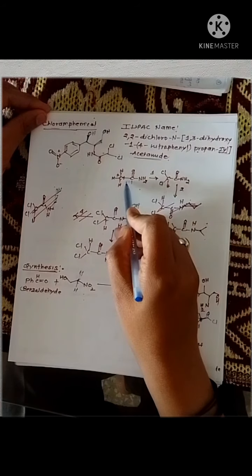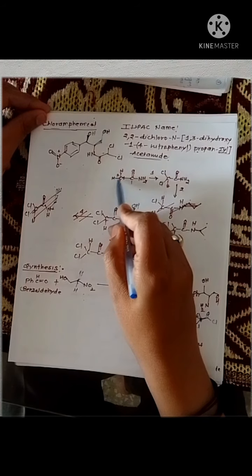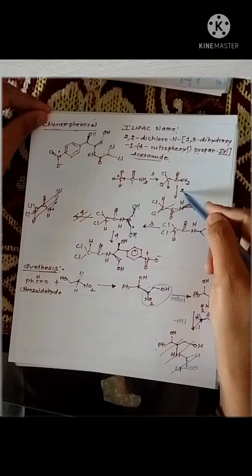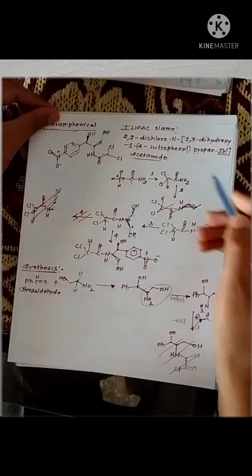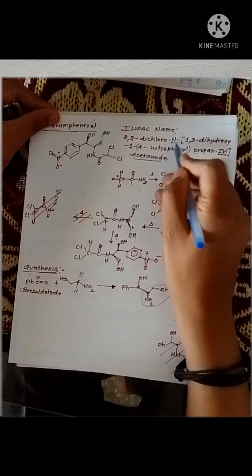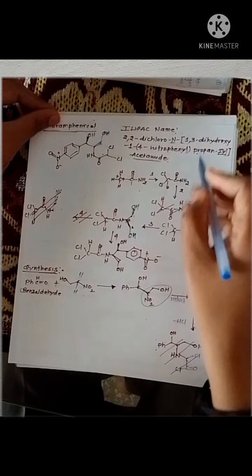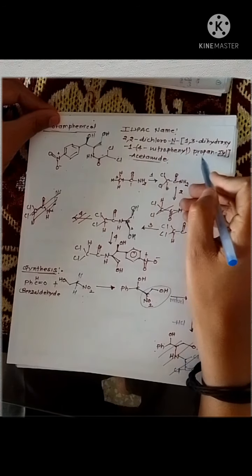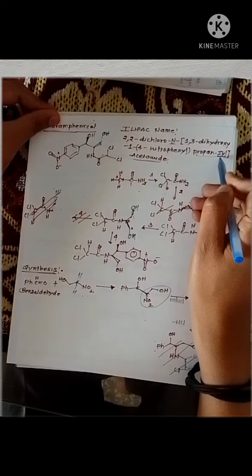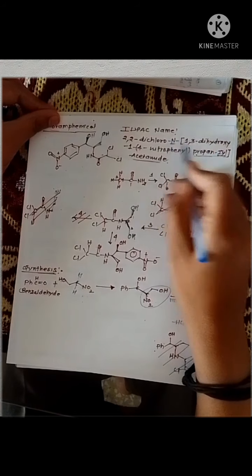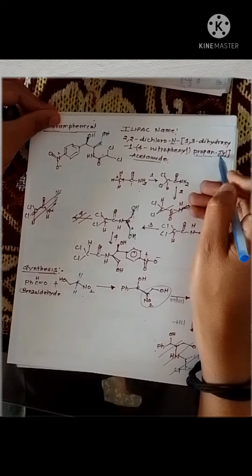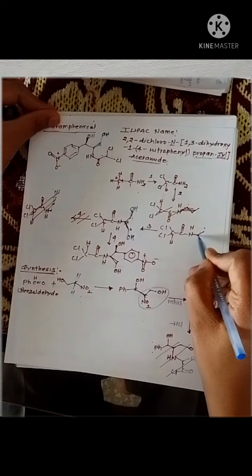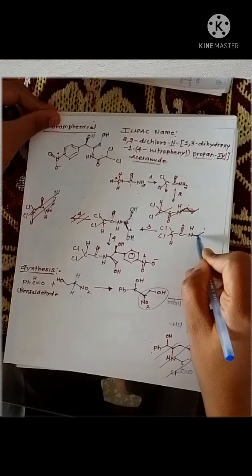In this structure, first we replace 2 hydrogens with 2 chlorines. In the second step, this acetamide nitrogen has this linkage, 1,3-dihydroxy-1-(4-nitrophenyl)propan-2-yl. So this nitrogen is attached to propane at the 2 position. In this step we write the propane structure here and attach this nitrogen on the second carbon atom of propane.